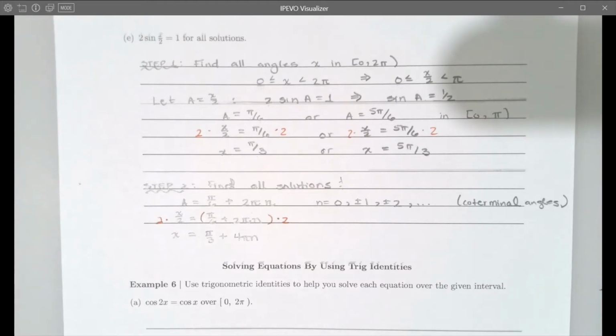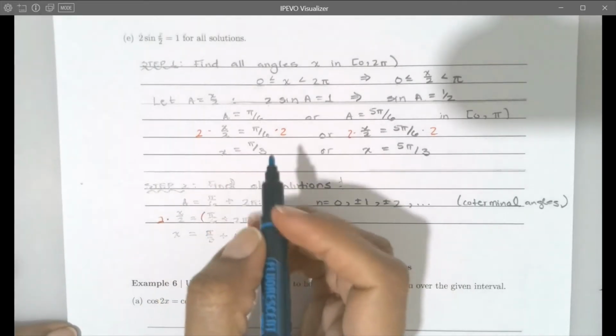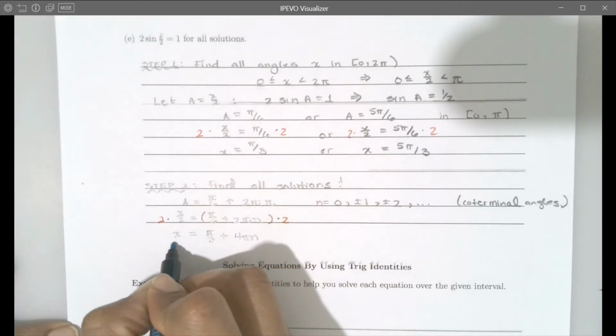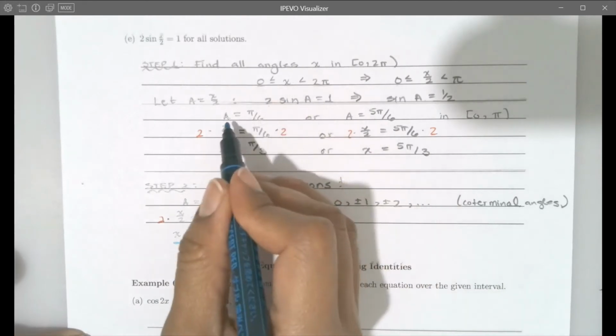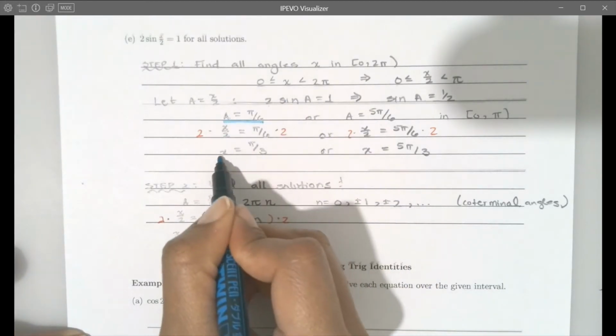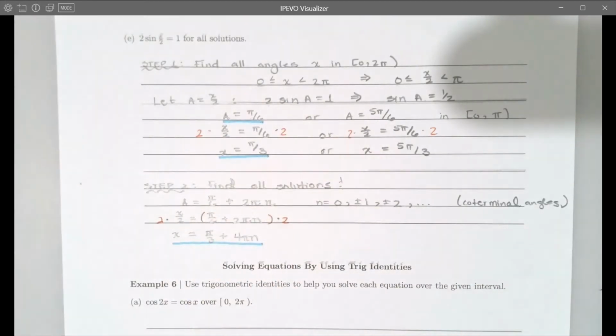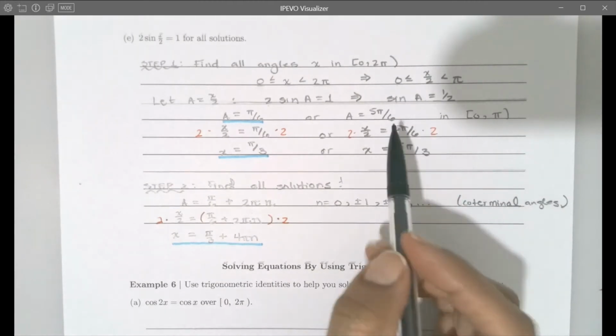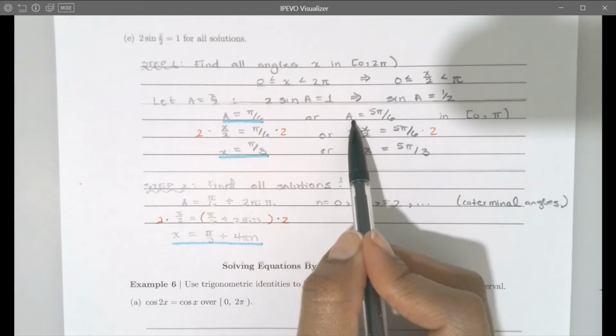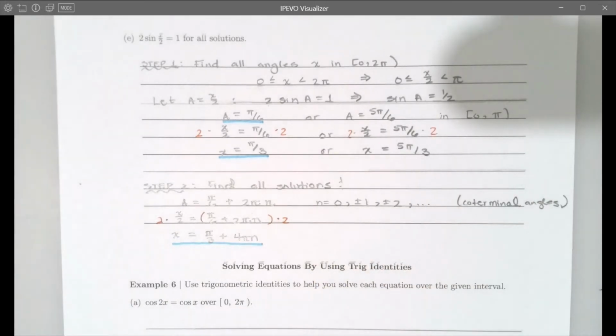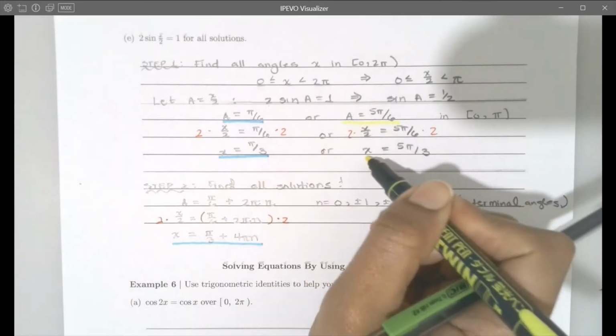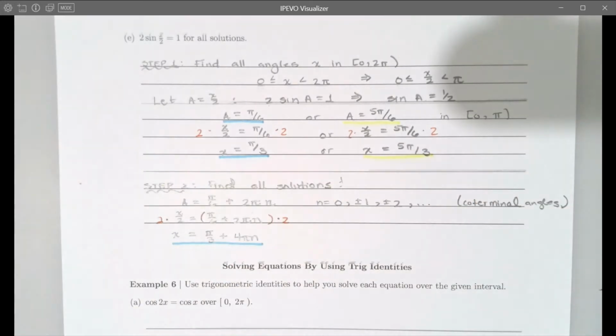The other one will come from, and here I'm going to color code so we know what came from what. This answer is coming from a is equal to pi over 6, which turned into x is equal to pi over 3. The second part of the answer is going to come from a is equal to 5 pi over 6, or in other words, x is equal to 5 pi over 3.